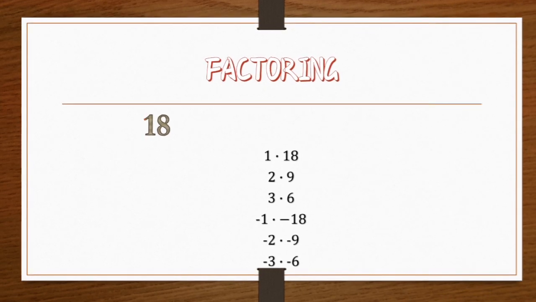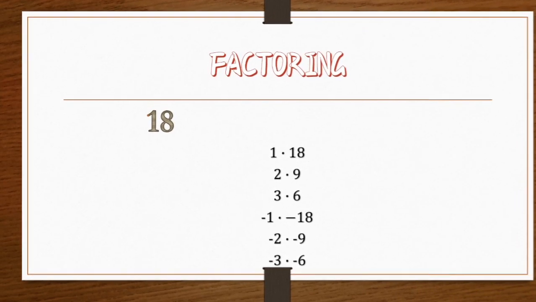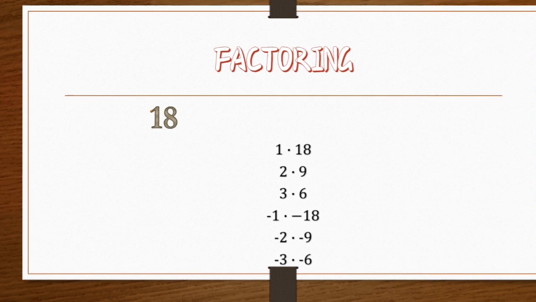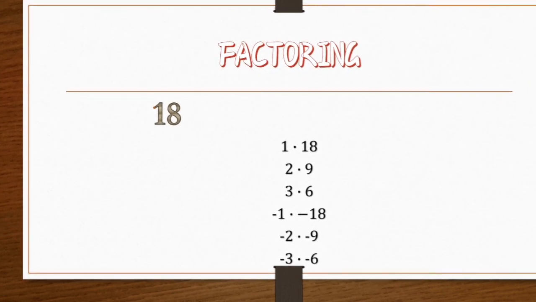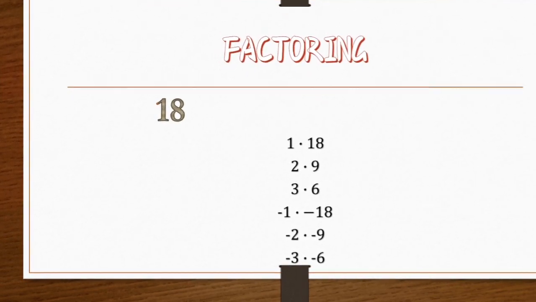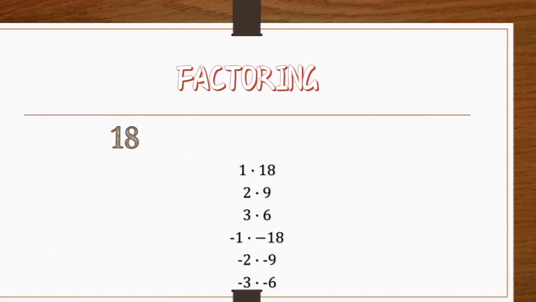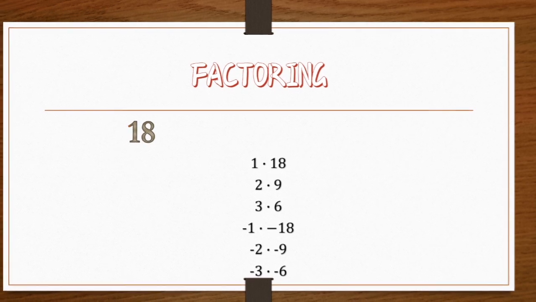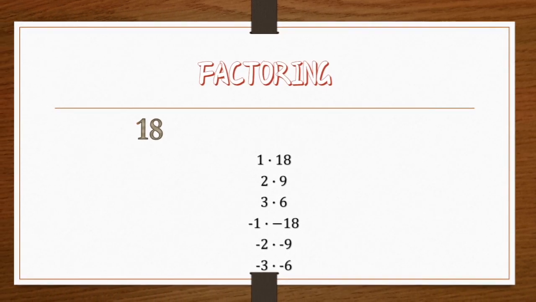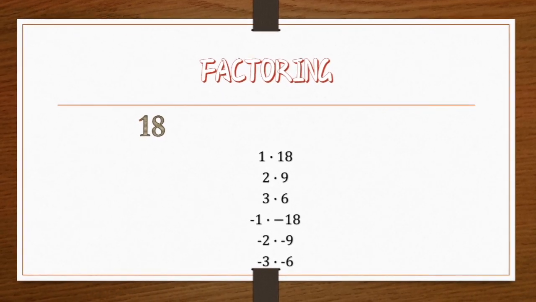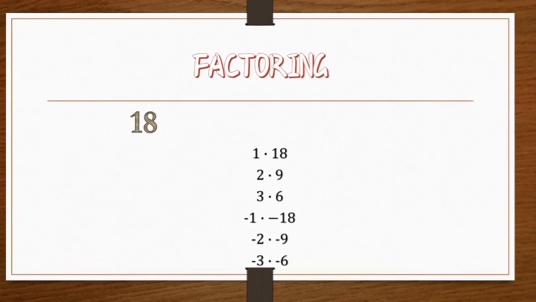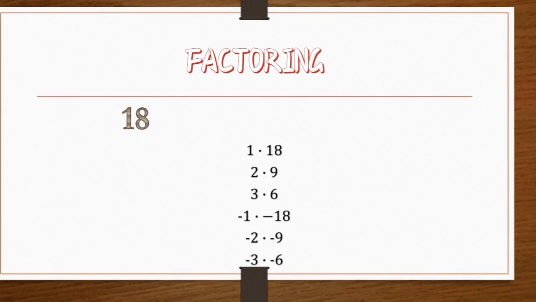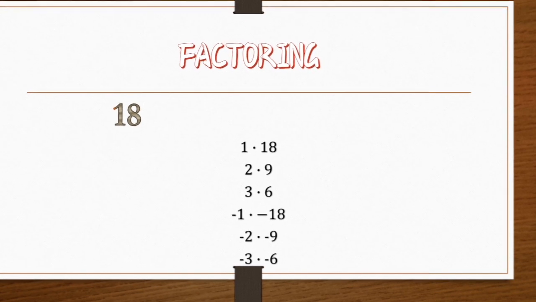We can also use negative integers like -1 times -18, -2 times -9, -3 and -6. For instance, here are a variety of ways to factor the number 18. We have 1 times 18, 2 times 9, 3 times 6. Now, what we have done here is that we gathered multiples or factors of 18. And this process is what we call factoring.